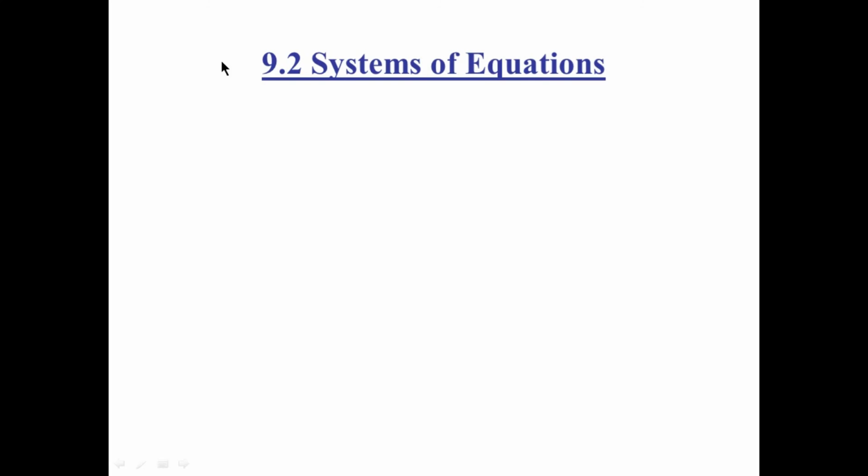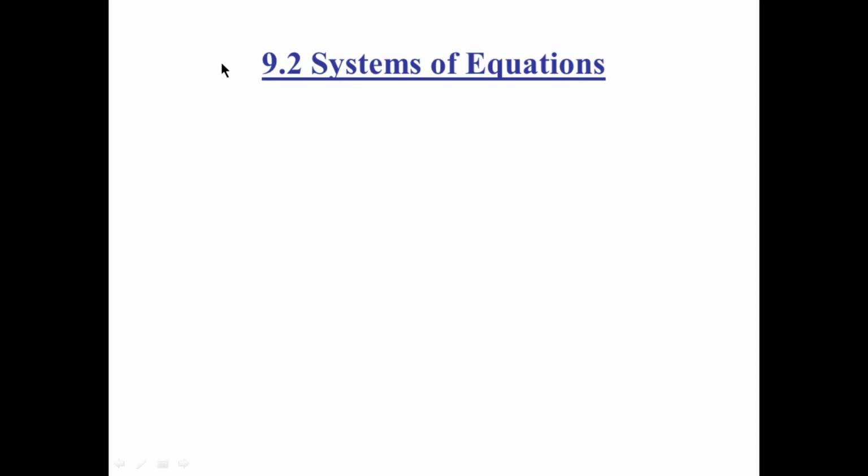Today, systems of linear equations. What this topic is about is solving linear systems of equations when there's more than two equations and two unknowns. In grade 10, in early high school, we learned how to solve two equations and two unknowns by a couple of methods called substitution and elimination.